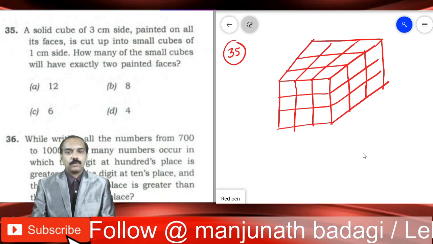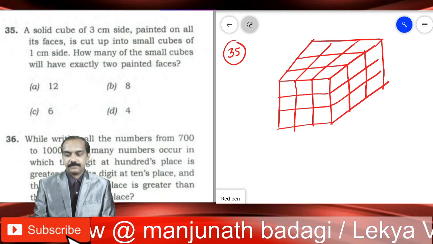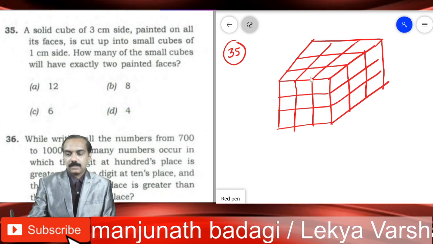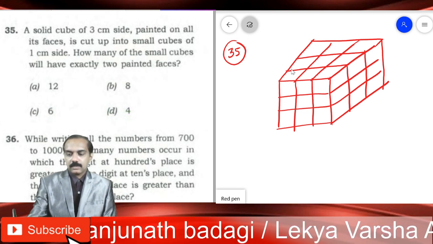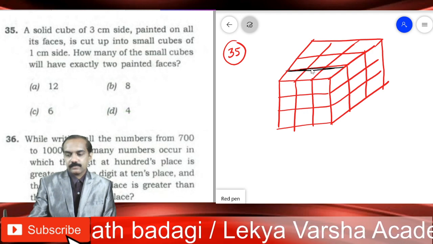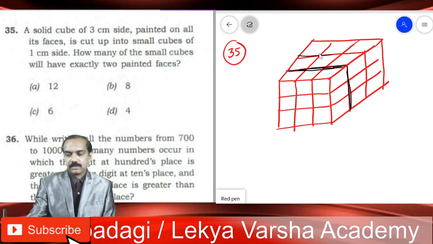How many of the small cubes will have exactly 2 painted faces? Okay, so we want 2 faces painted. Now this is one slice. Cut it on these lines and cut on these lines.